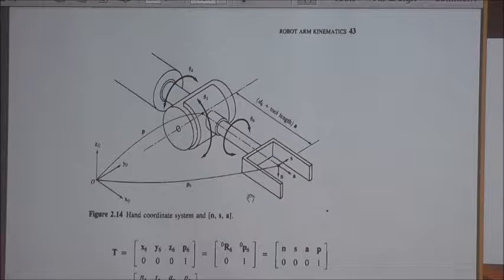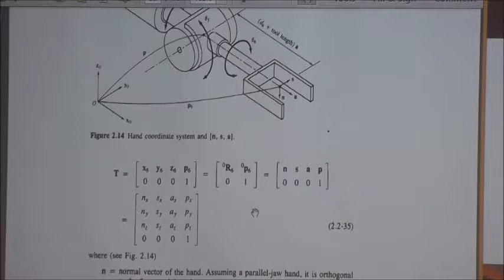Okay. So, in general, the transformation at that point is going to have an architecture like this.